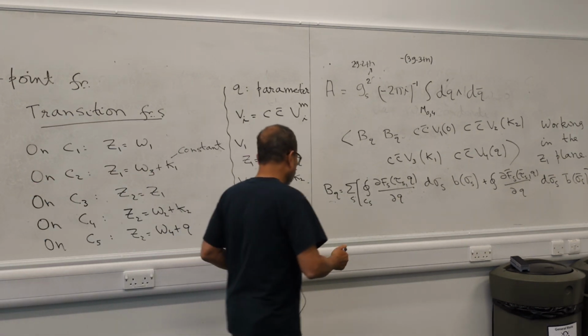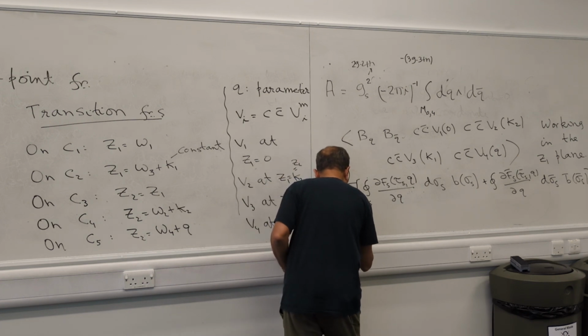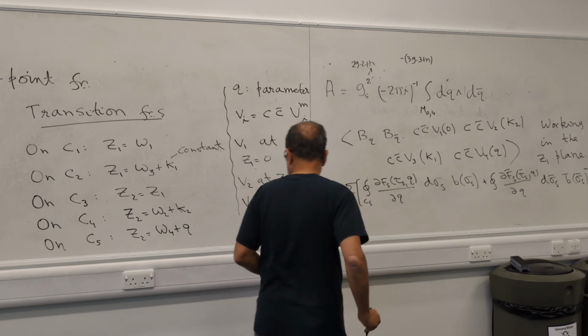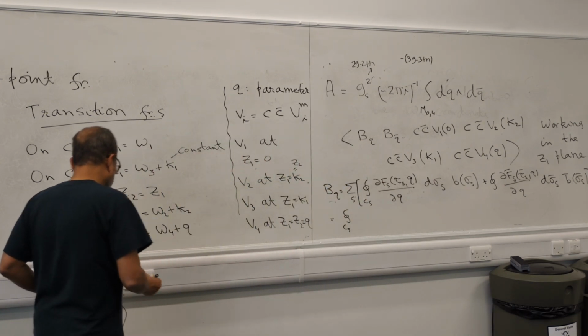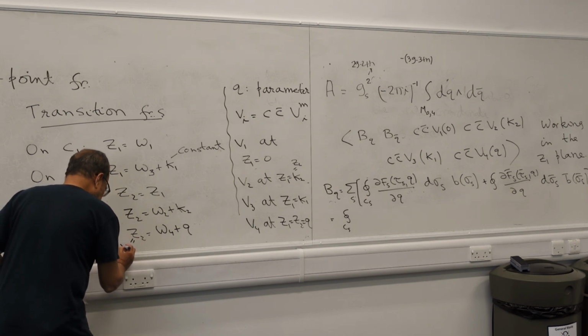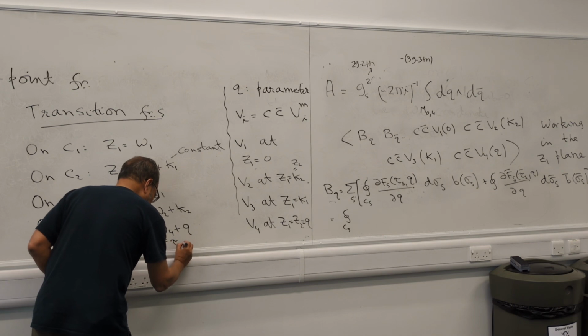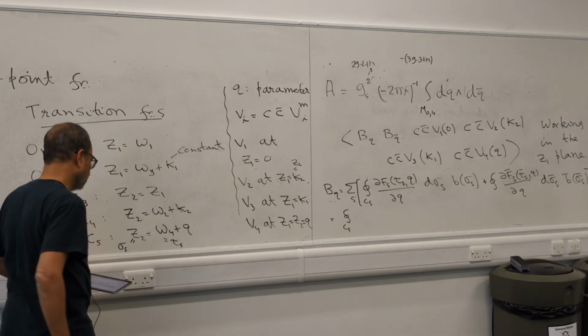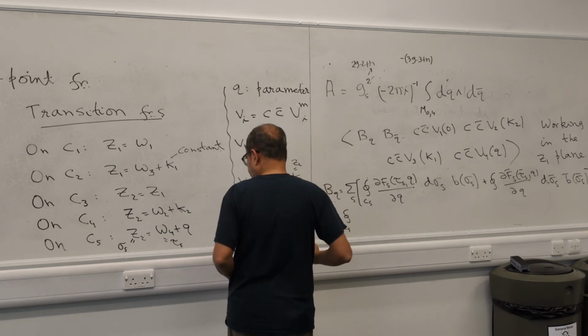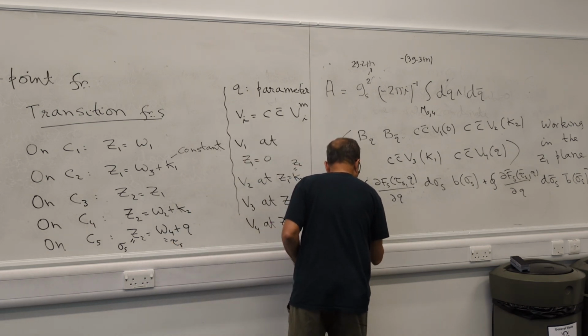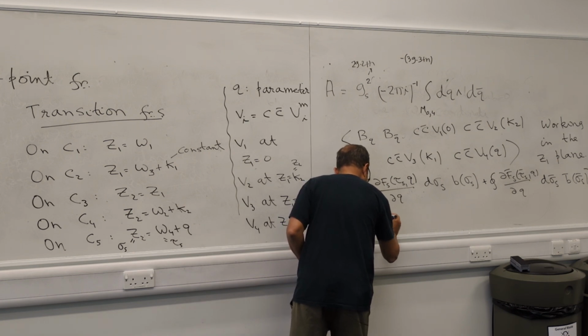So this is going to be the integral over C5. del Fs del Q is simple, right? It's just Q, because this you can treat as sigma 5 and this as tau 5. And Z2 is the same as Z1. So this is basically dZ1 bZ1.